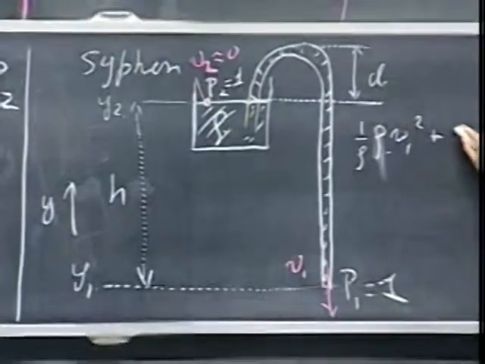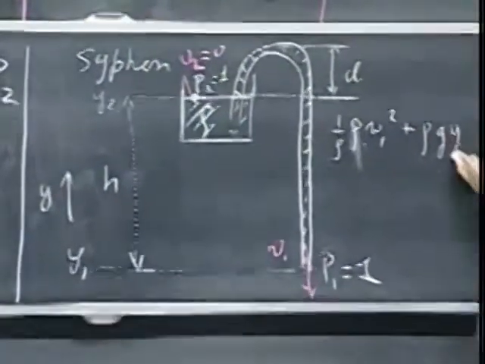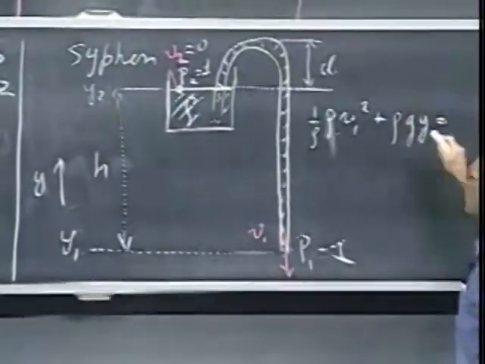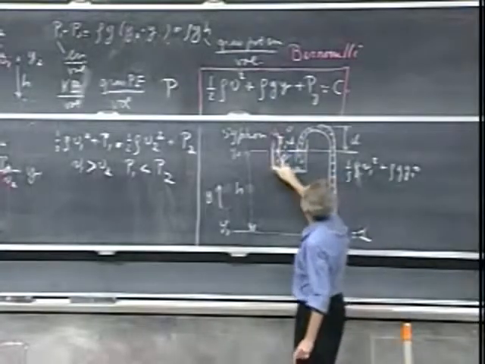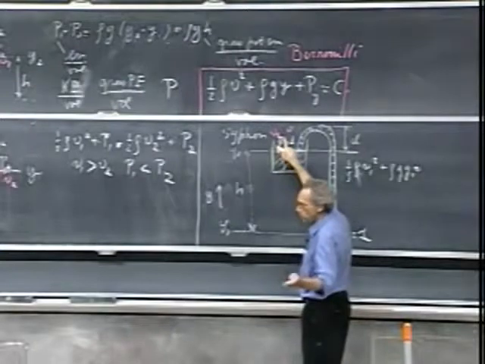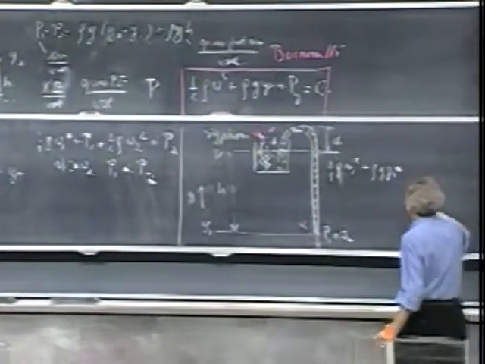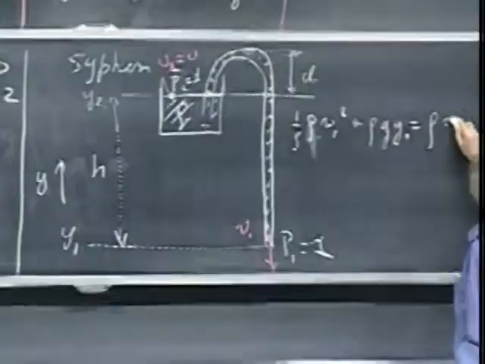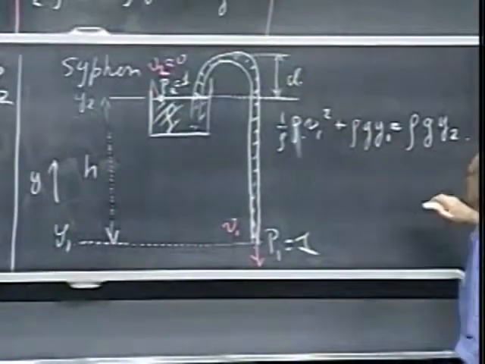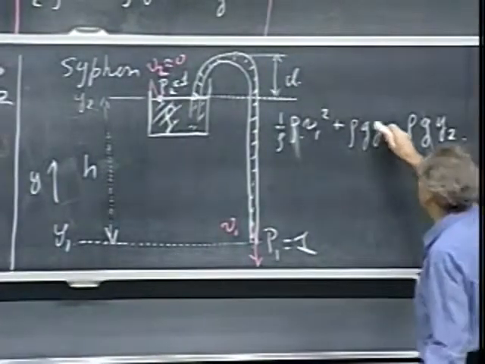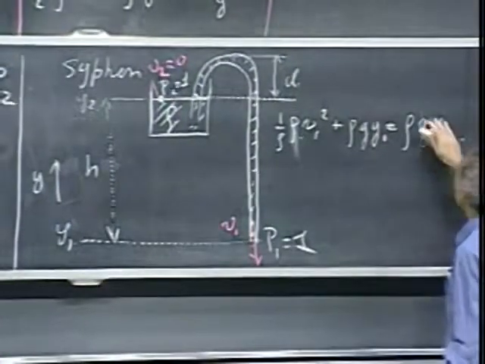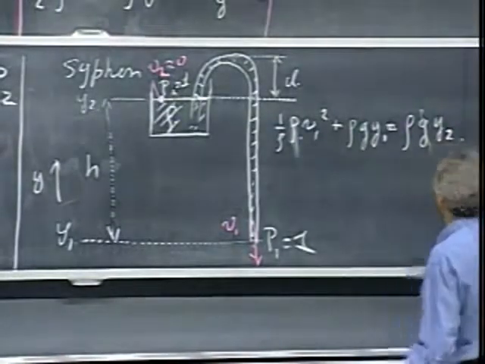V1 squared, plus rho G times Y1, must be 1/2 rho V2 squared, but we agreed that that was 0, so I don't have that term. So I only have rho G Y2. I lose my G's. No, I don't lose my G's. 1/2 rho V squared. No, that's fine.